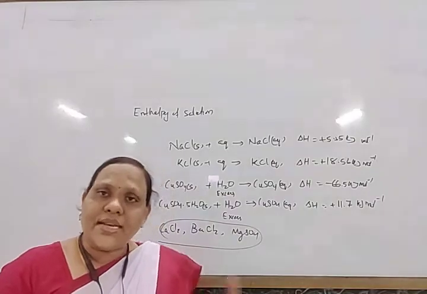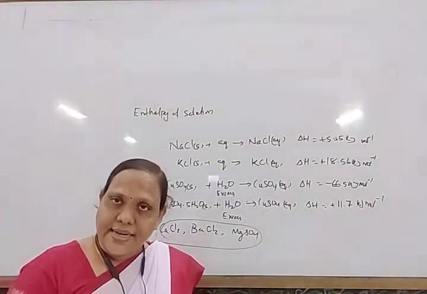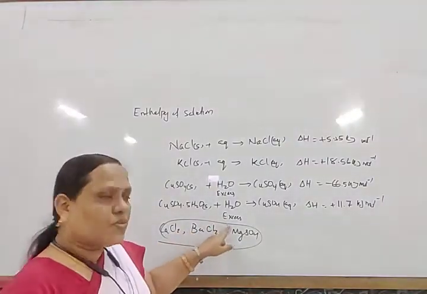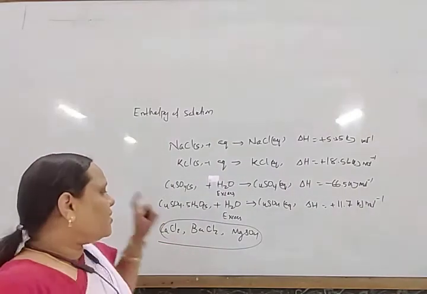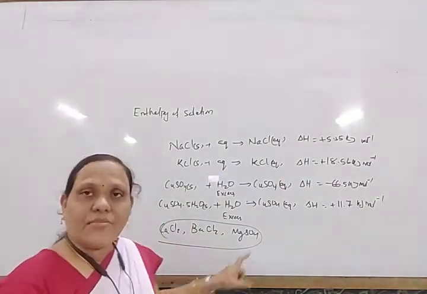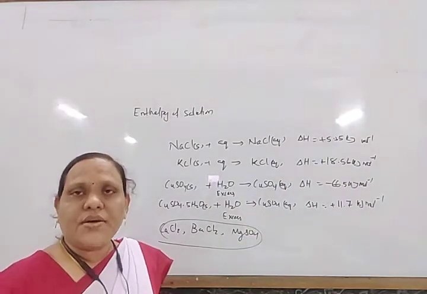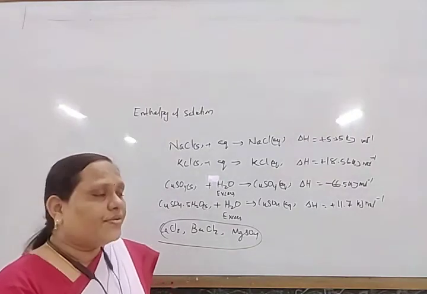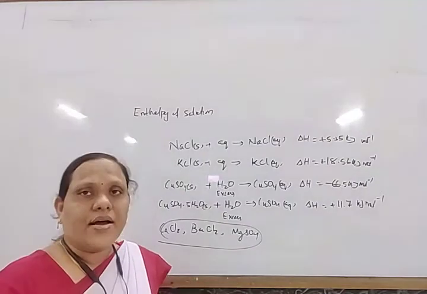They produce energy. They can form CaCl2.6H2O, BaCl2.2H2O, MgSO4.7H2O.